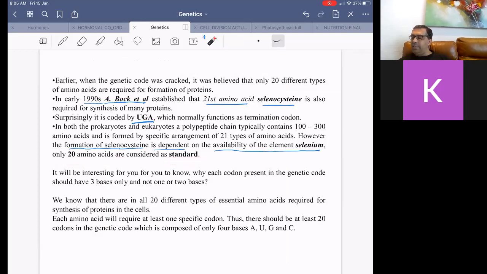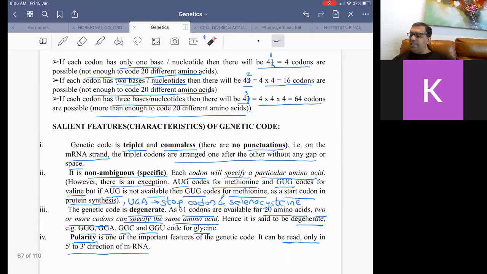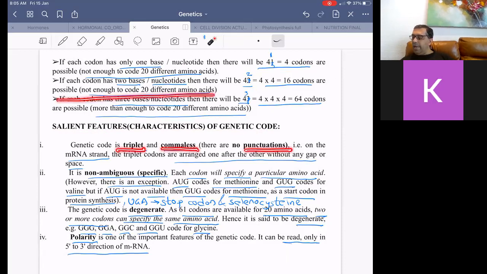20 standard amino acids. And what are the salient features of the genetic code? The genetic code is a triplet and commaless. There are no punctuation marks. So, sir, ये है sequence of codons, and how is it read?